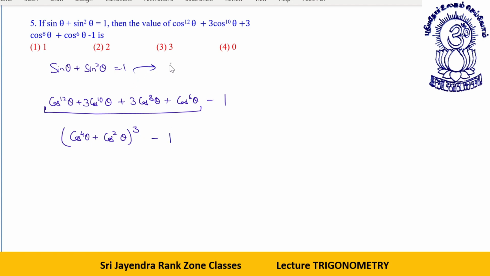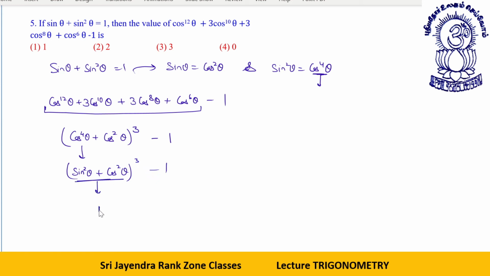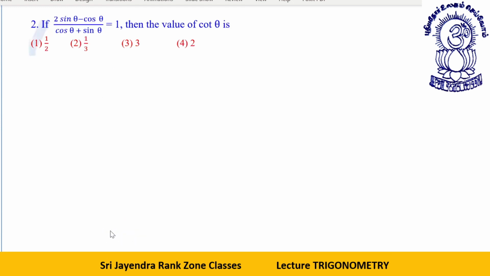From this equation, I can say sine theta is equal to cos square theta, and if I square both of these, it will become sine square theta is equal to cos raised to power 4 theta. So you can replace this cos 4 theta as sine square theta. I replace this cos 4 as sine square theta plus cos square theta cube minus 1. This expression is already 1. So 1 cube minus 1, 1 minus 1 is equal to 0. Now these questions must be looking easy to you. Okay.